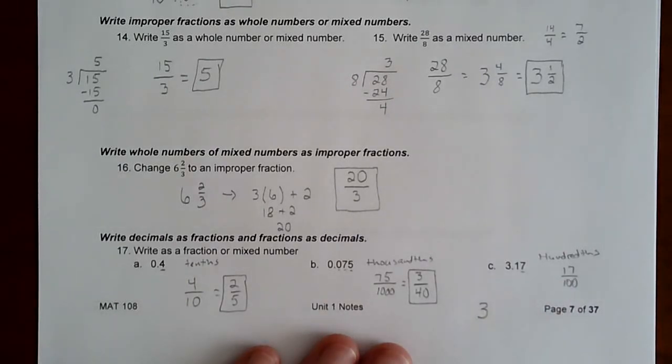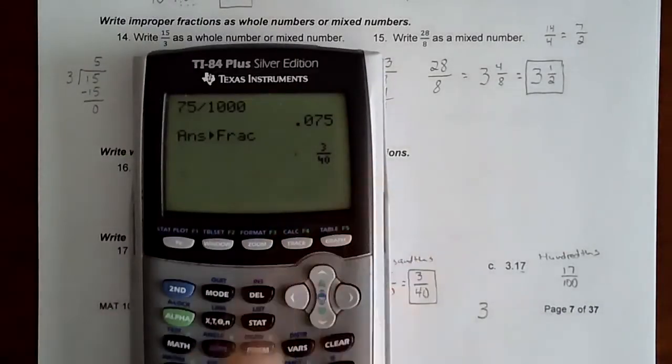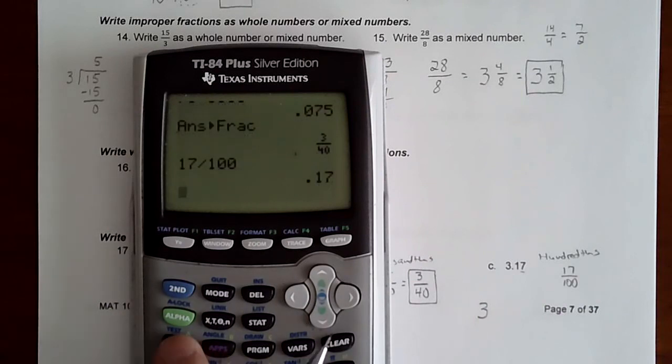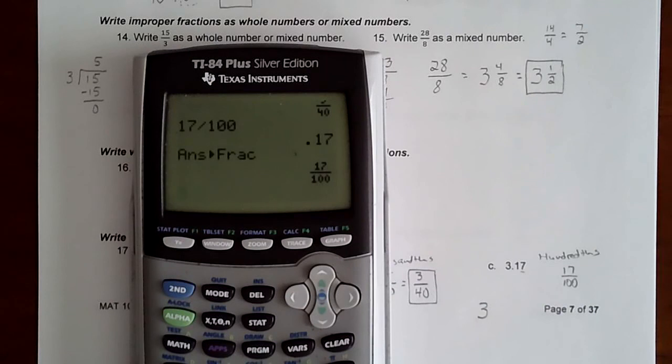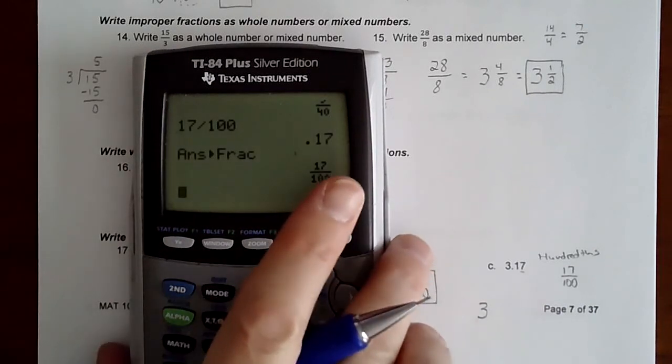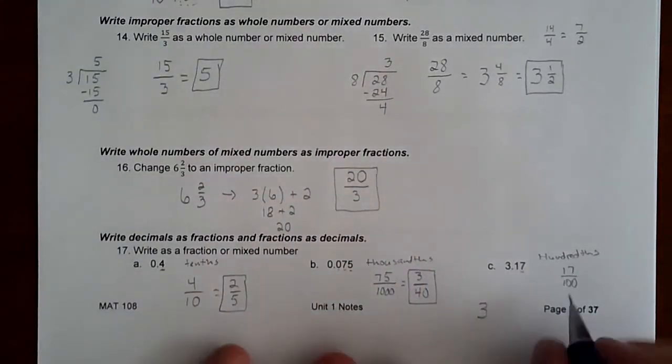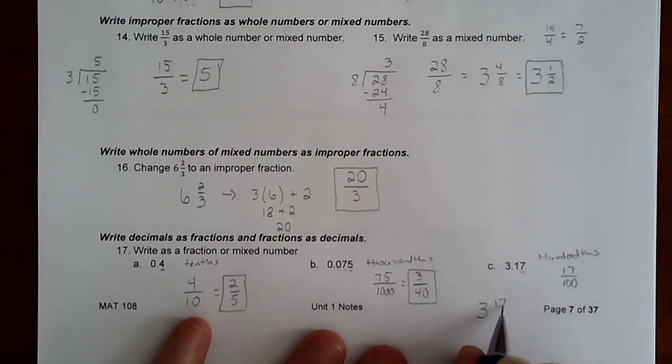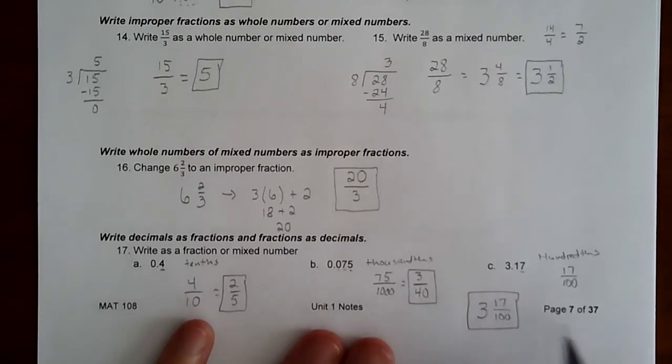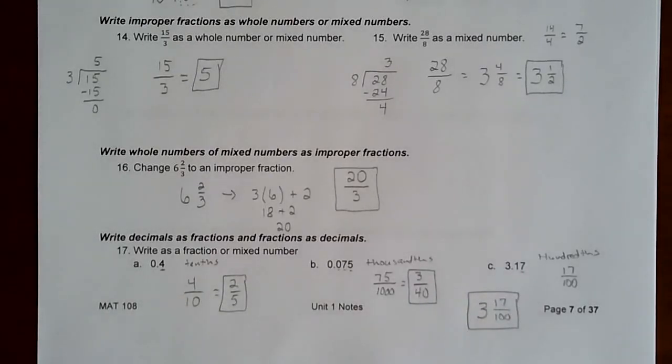All right. And you can test that out, see if it simplifies. If you go 17 divided by 100, you get an answer, and then you can press math, frac. It doesn't simplify because nothing goes into 17, and 17 definitely does not go into 100. Okay, so that is your mixed fraction. Okay, and then we'll make another video for the rest.